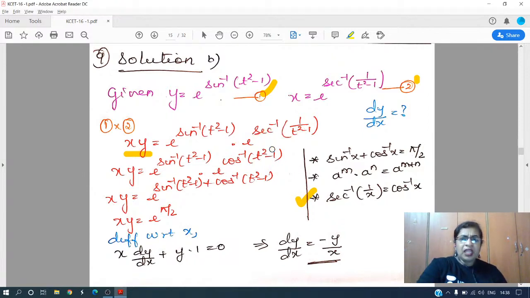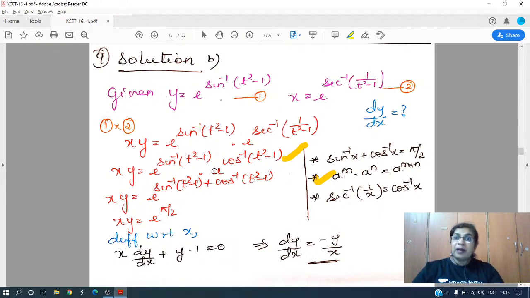Let us see how to solve after this. I have reached till here. Now, one more idea comes to my mind which I have learnt in my basics. What is a to the power m into a to the power n? Isn't it a to the power m plus n? That means if the base is the same, I can add the powers. So here, look, e power is the base, the same.